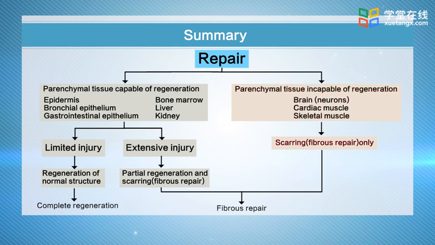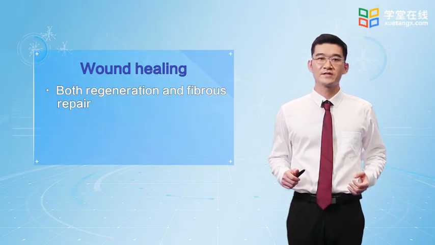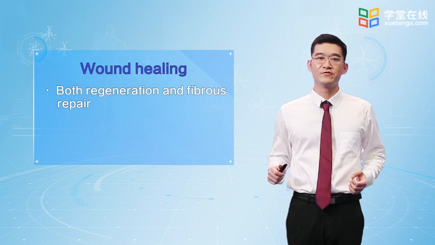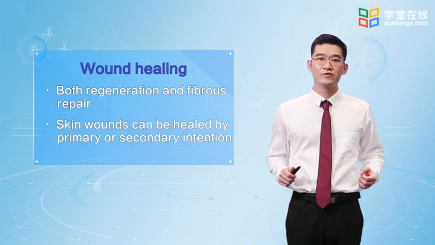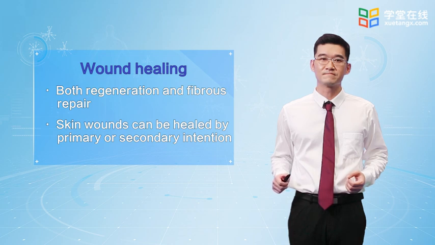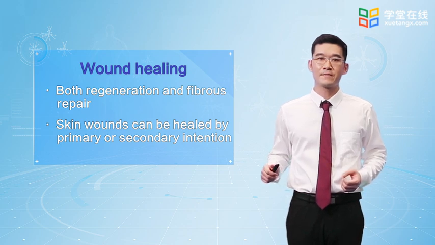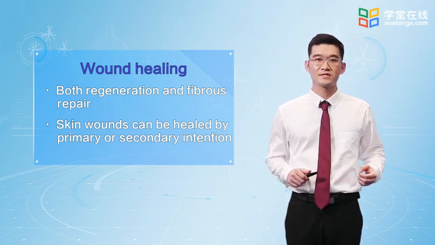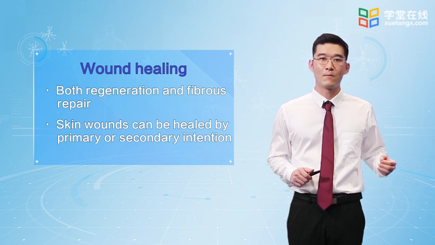Granulation tissue matures into scar tissue. Both regeneration and fibrous repair occur in wound healing. Skin wounds can be healed by primary or secondary intention. Compared with healing by first intention, secondary healing involves more extensive scarring and wound contraction.